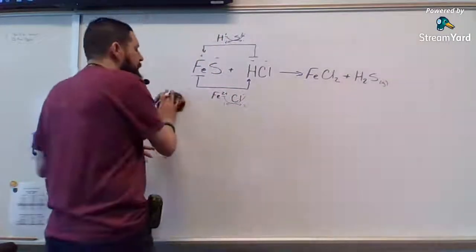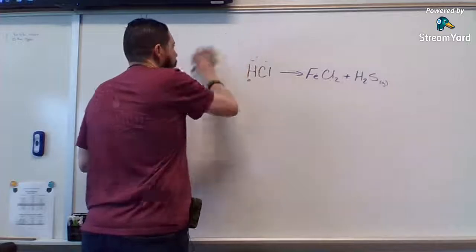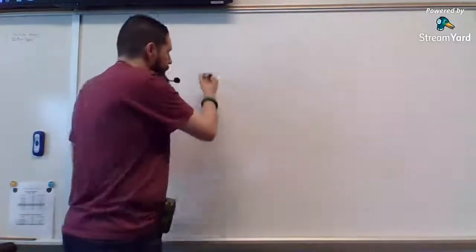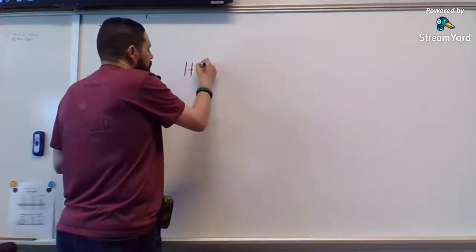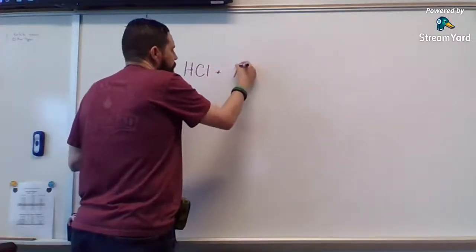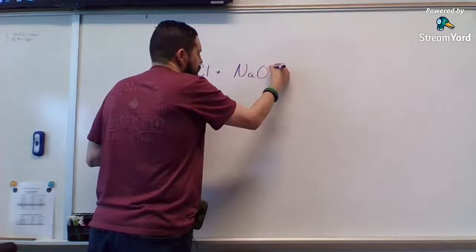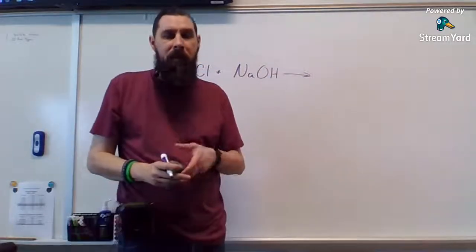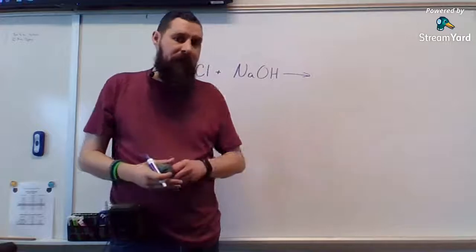So final example of a double displacement reaction. This is where I'm going to take HCl, or hydrochloric acid, and react it with sodium hydroxide. This is actually not just a double displacement, but an acid-base reaction. Okay?